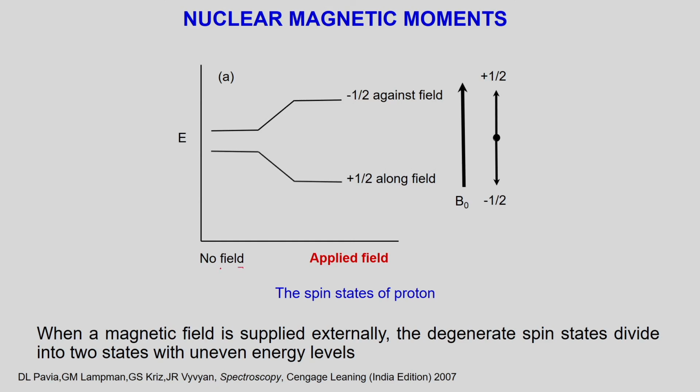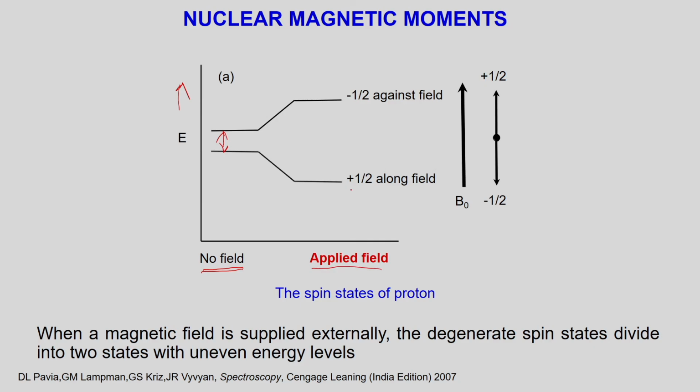When there is no field, if I plot the energies of the spin states on the ordinate, the molecule is at rest. The difference between the two states is very small, so we say that they are degenerate, similar in nature. Now, you apply the magnetic field, what happens? This will split.